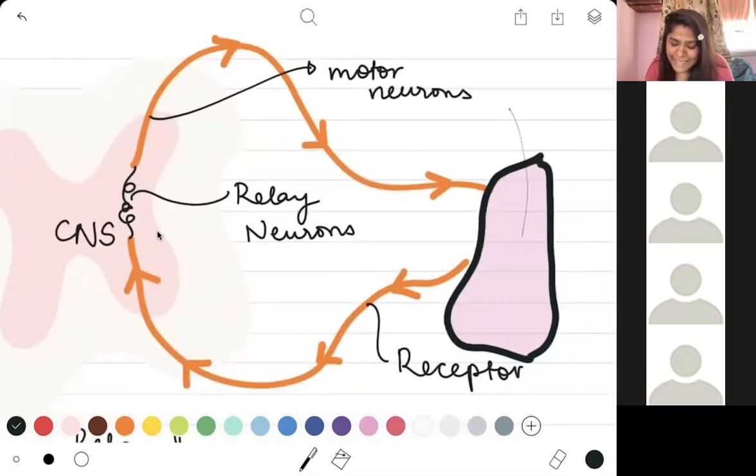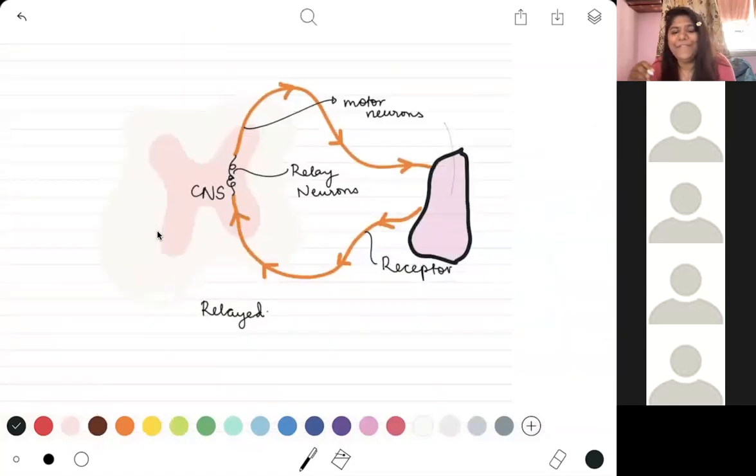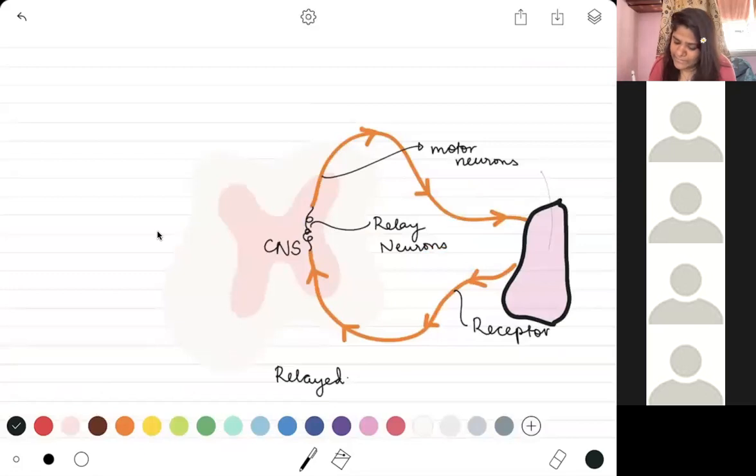This entire action, where you have your receptor and effector organ, let's say the effector is over here. So the receptor and effector loop, which is completed by the motor neurons, the relay neurons, and the receptor neurons together with the spinal cord in the middle, is called your reflex arc.